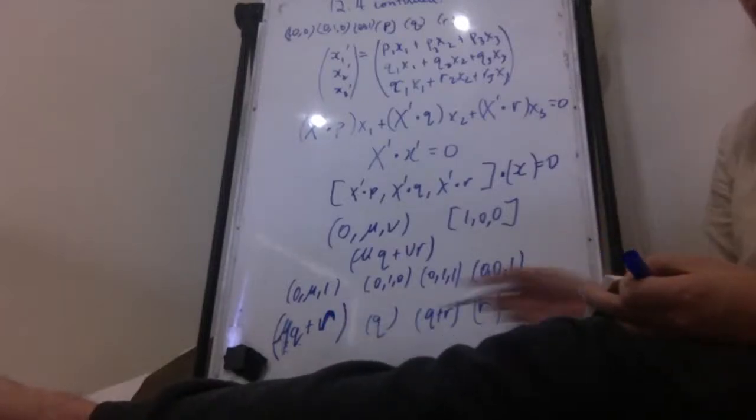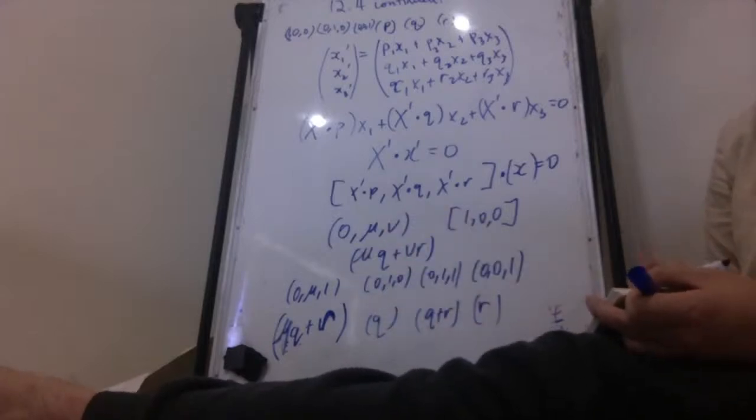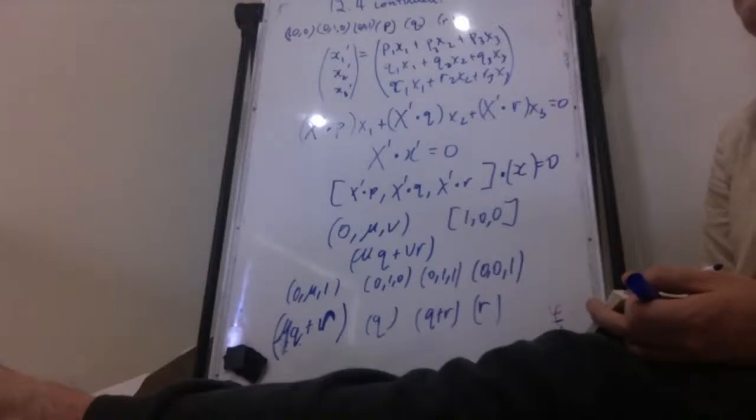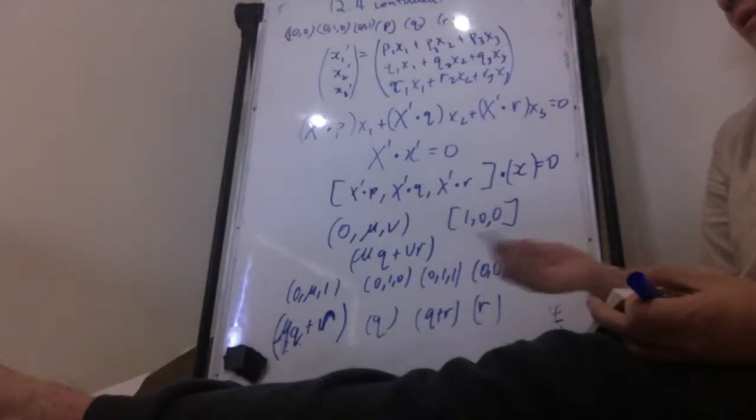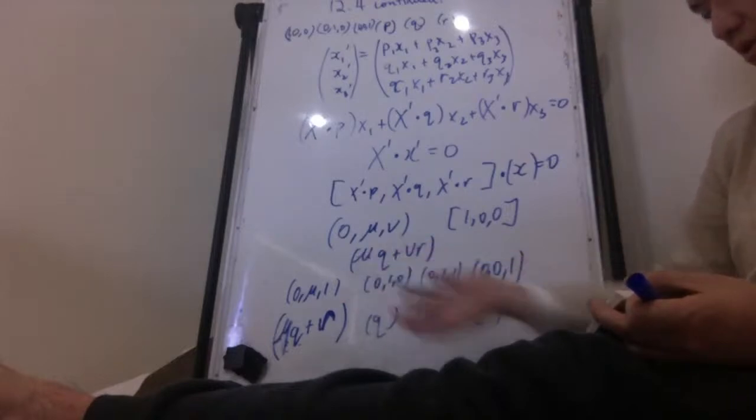Okay, and that mu was the cross ratio. The mu was the cross ratio, and it verified that the fourth point was determined, right?